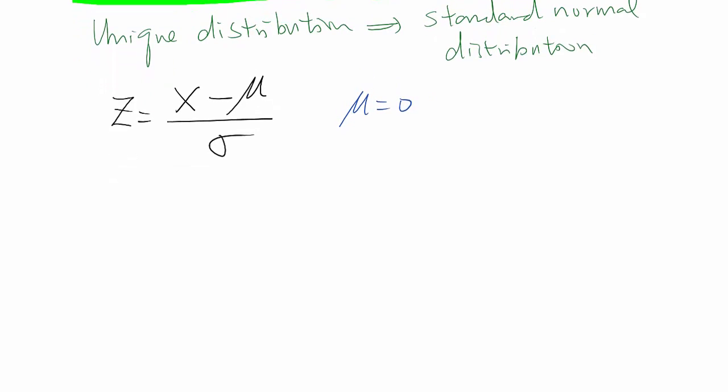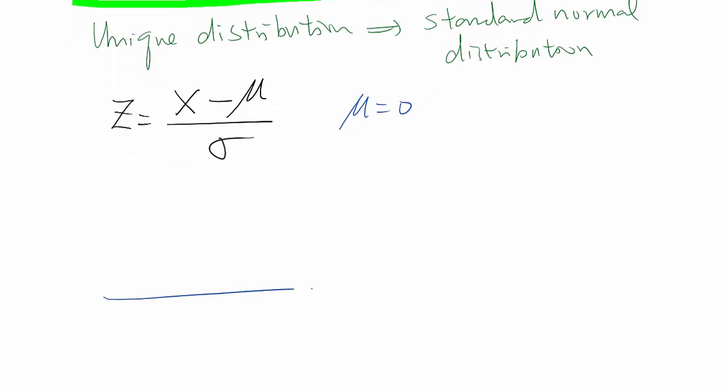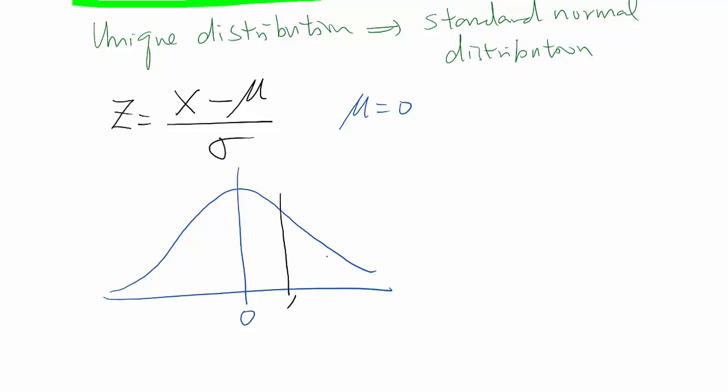Okay, so if I draw the normal curve, we make the center value equal to 0, and that represents the mean value here. Then we go to 1 sigma and 2 sigma, and then going to the left side, which is lower than 0, it becomes negative 1 and negative 2.